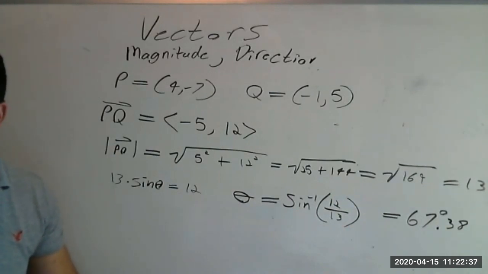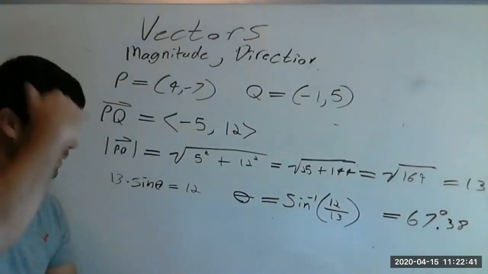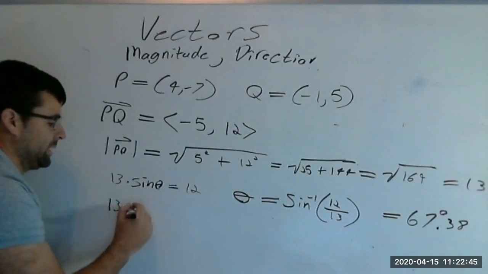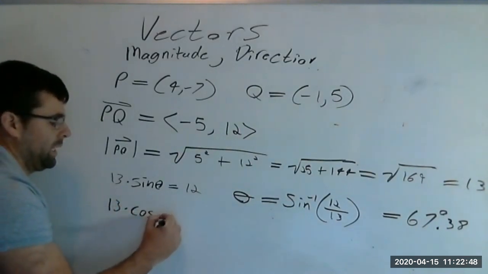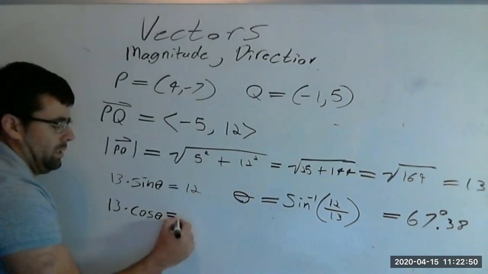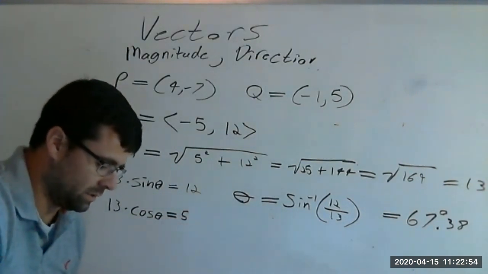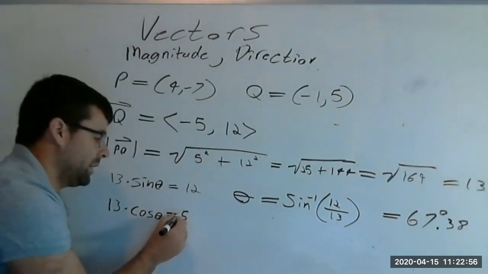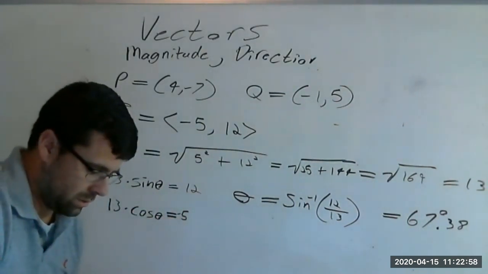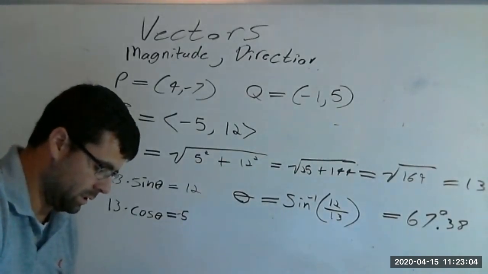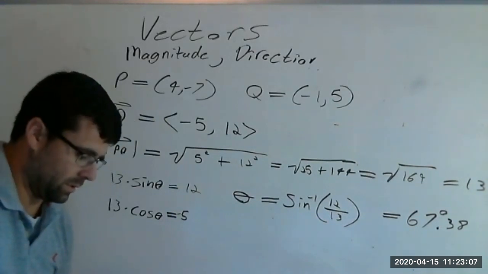But let's check to see if that is correct. So the other relationship is 13 times cosine theta equals 5. Well, cosine of 67.38 times 13.